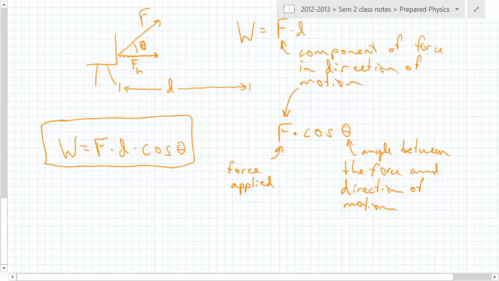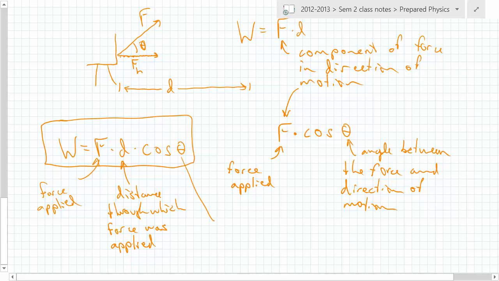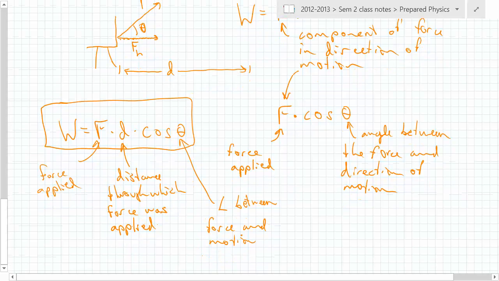Force times distance times cosine of theta, where again force is force applied, d is distance through which force was applied, and theta again is angle between force and motion. And that then is our final formula.